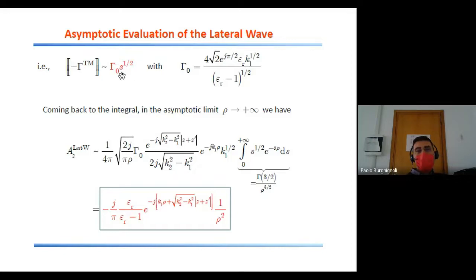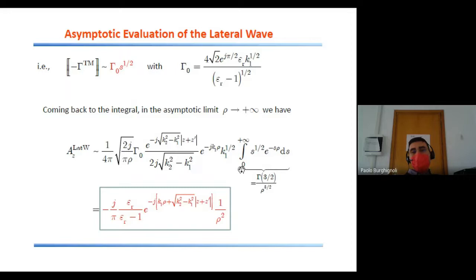This s^(1/2) is the thing that you will find inside your integral, because you can take outside everything else, because it does not depend on s. So what you need to integrate is actually s^(1/2). This comes from the gamma TM term. And then finally you have the Laplace exponential e to the minus s rho.